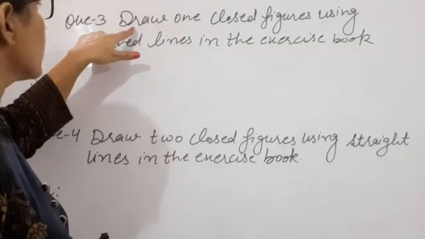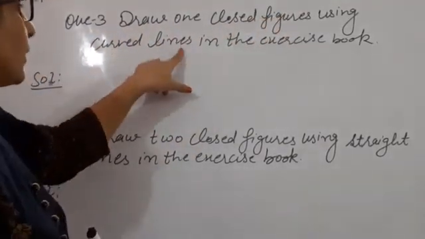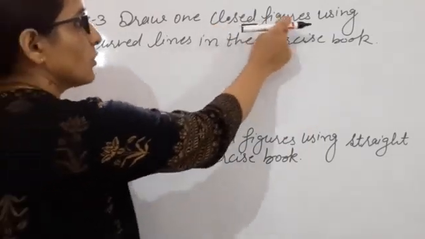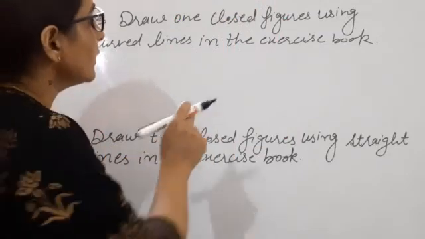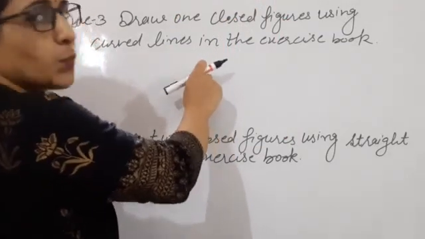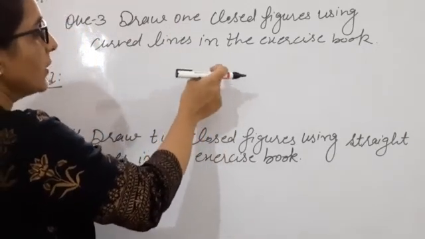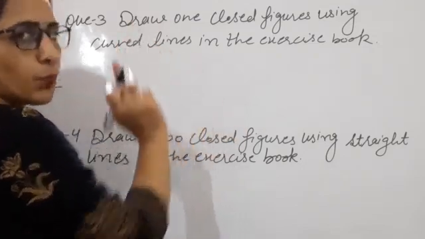Question number 3 is draw one closed figure using the curved line in the exercise book. Here we draw the closed figure and we know very well what is the closed figure. A figure where the starting and end point will be same. Clear? When the figure starts from the starting point, it will end on the same point.